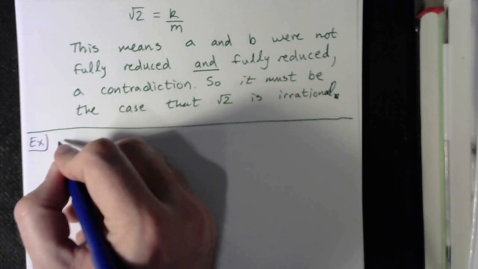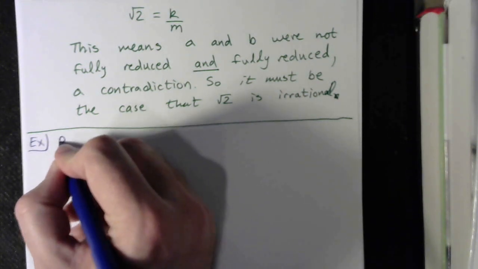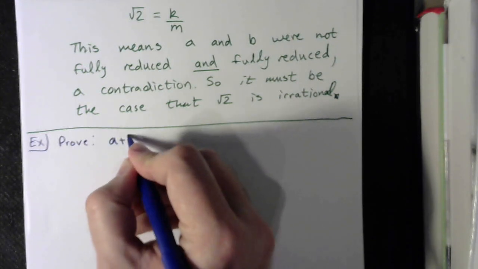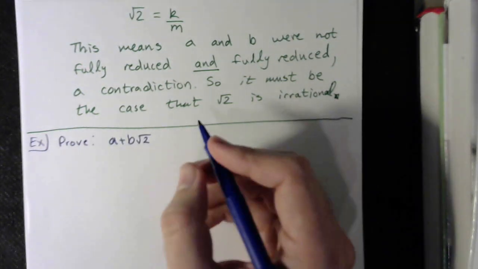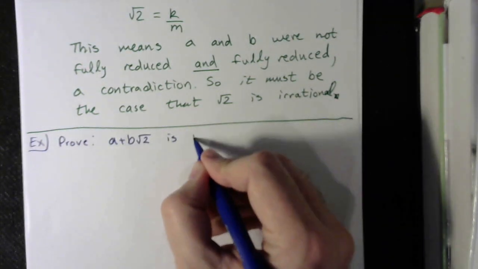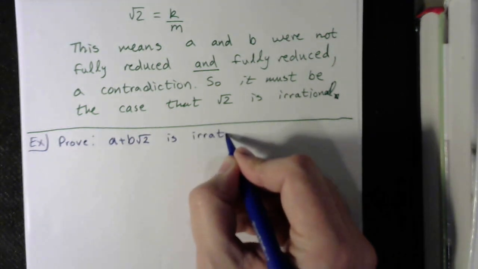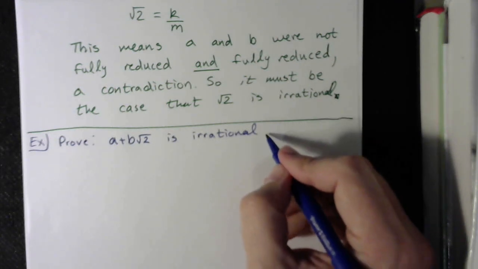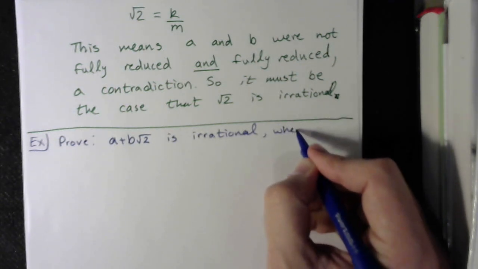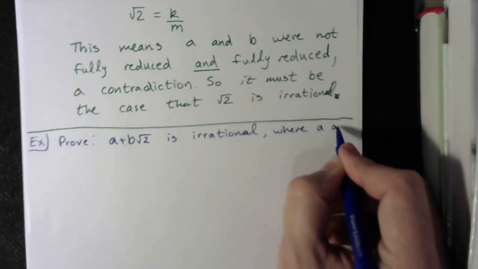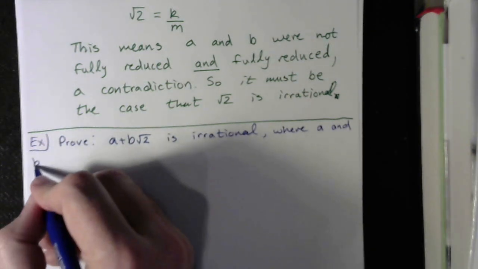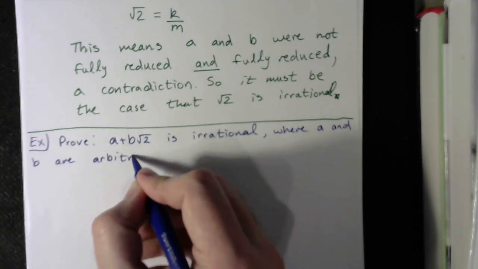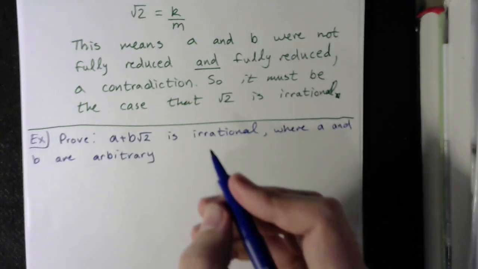This is the thing we're going to be doing: prove that a plus b times the square root of 2 is irrational, where a and b are arbitrary integers.